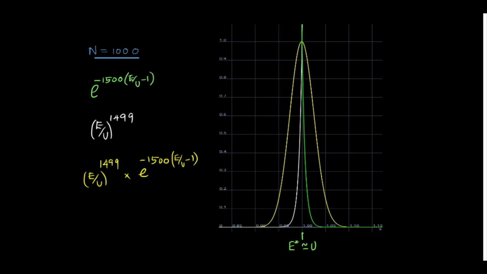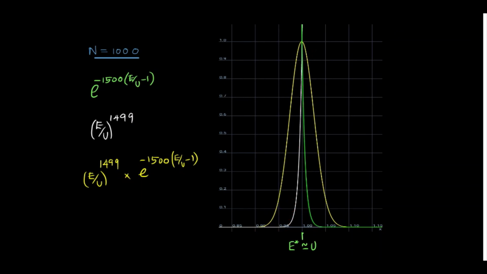The graph is this green one. This is a rapidly decaying function. Then what about e by u raised to 3n by 2 minus 1? 3n by 2 minus 1 is here 1499, and that plot is this white graph.